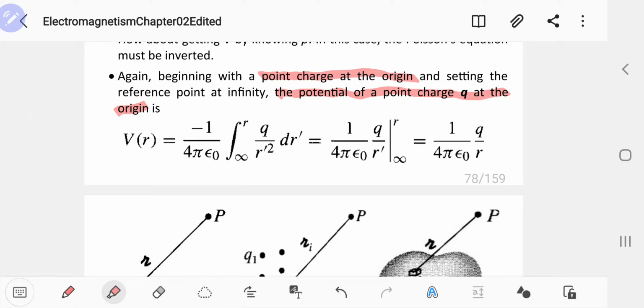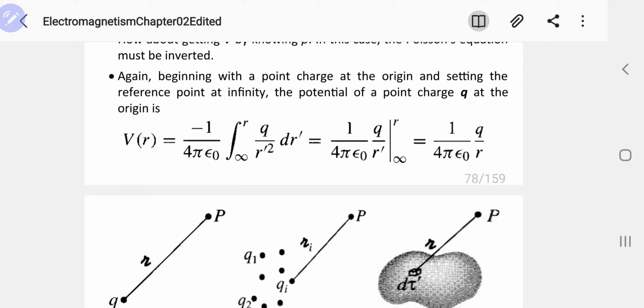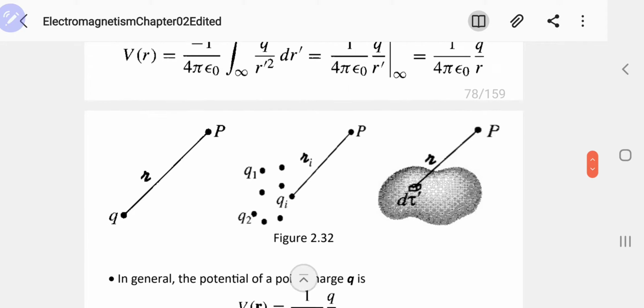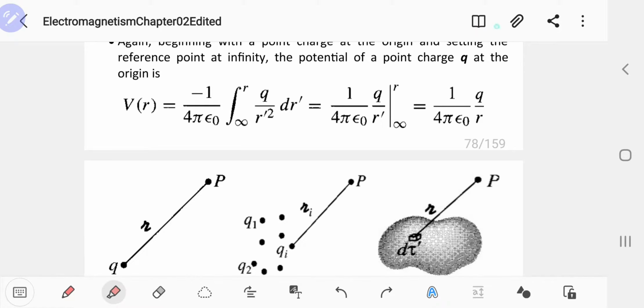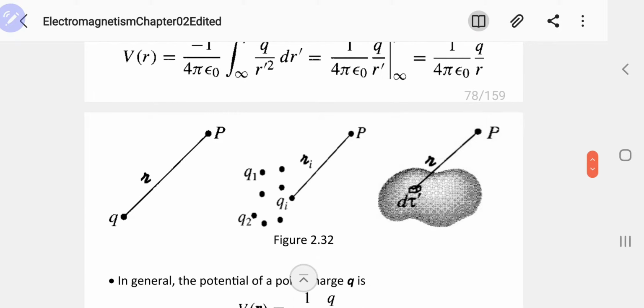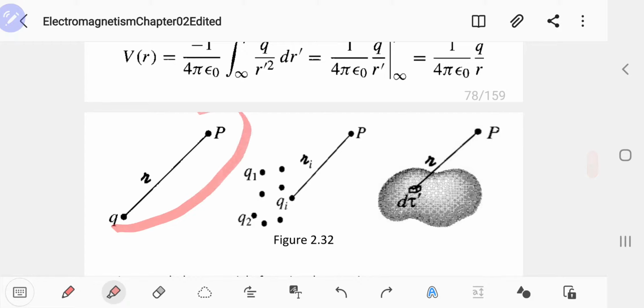So this one here, you have the expression for the electric potential. If you have a charge distribution, we were just considering this one right here.